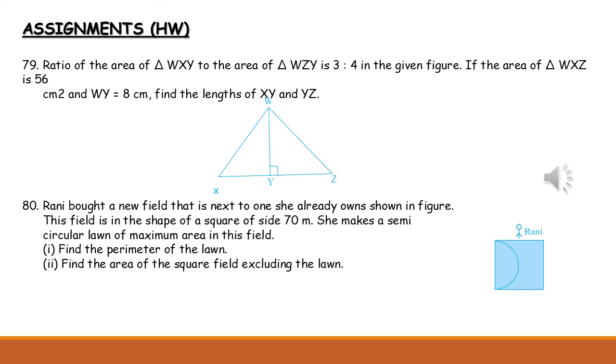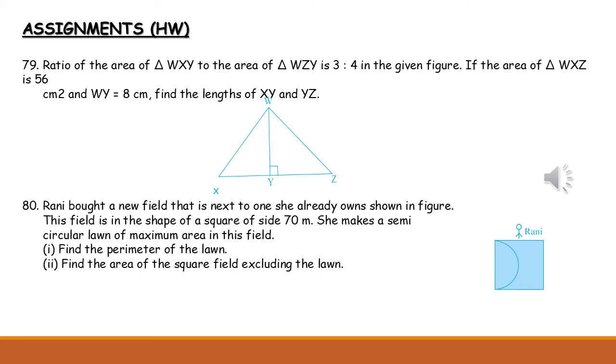We have to find out the circumference of the semicircle basically. So circumference of semicircle will be half into 2 pi r plus 2r. Why is it so? Because for the curved part it will be half into 2 pi r and for the diameter it will be 2r. This is how we will be finding the first part.